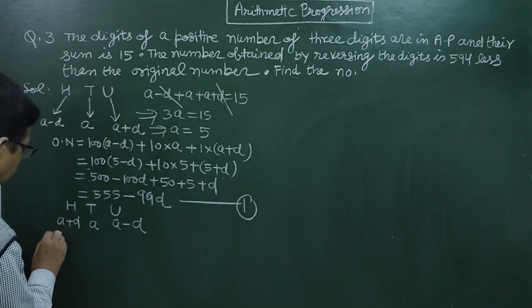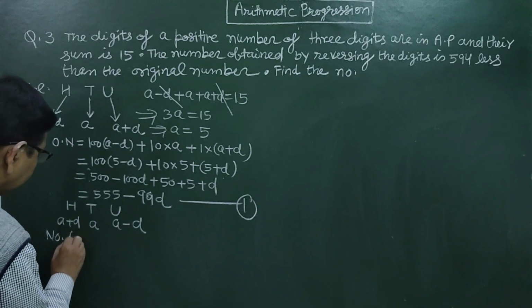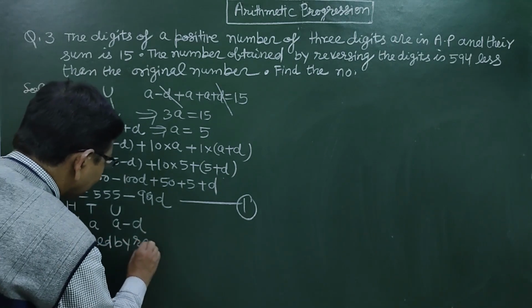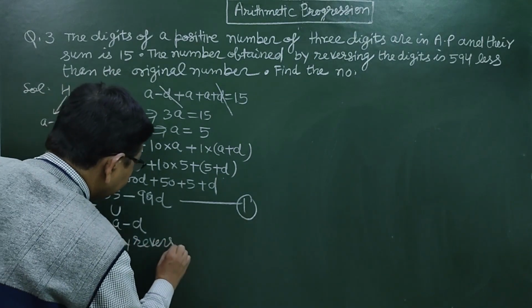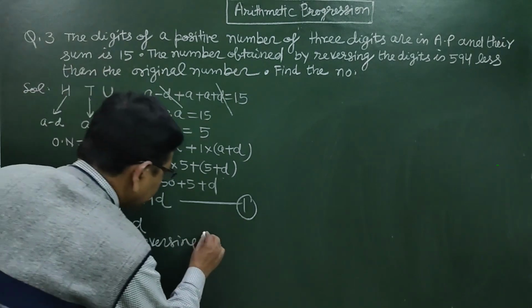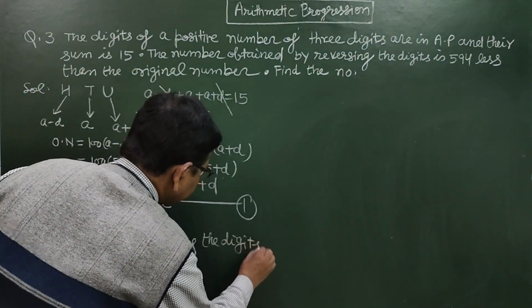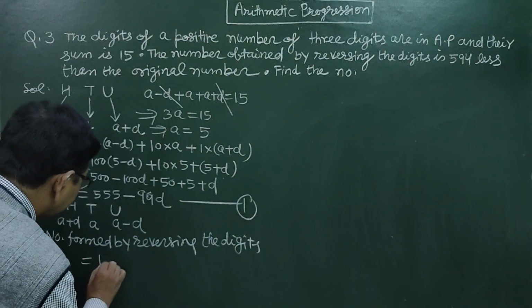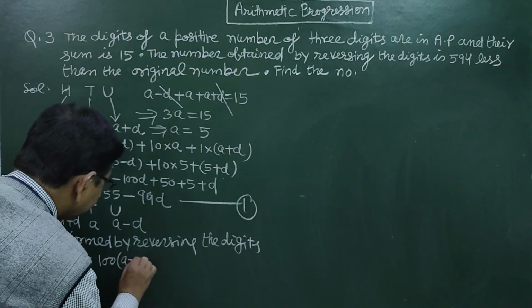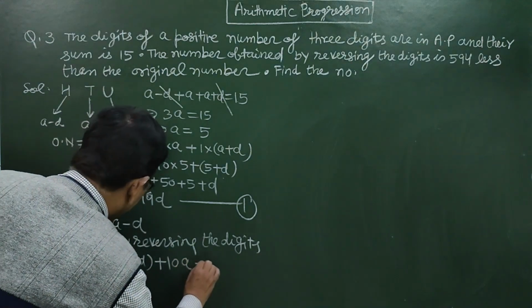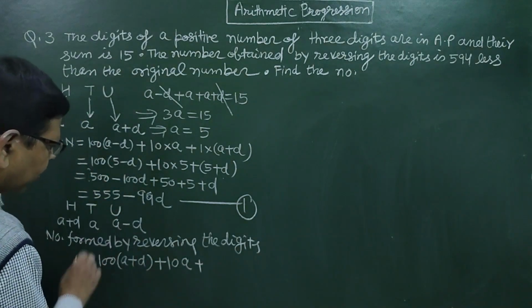So the number formed by reversing the digits will be equal to 100 into a plus d plus 10 into a plus 1 into a minus d.